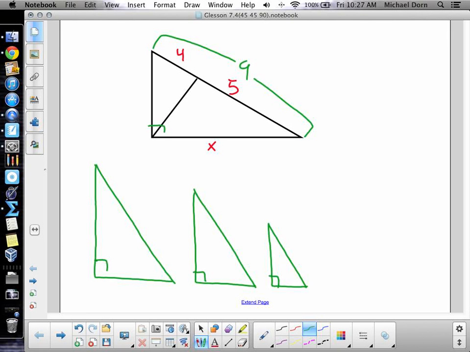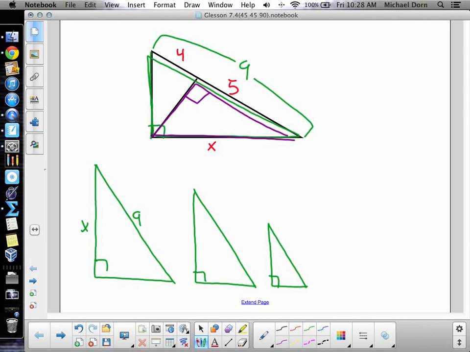So in the large outer triangle, the short leg I do not know. The long leg is x. The hypotenuse is 9. In the middle size triangle, which is this one right here, with my right angle there, the short leg I do not know.